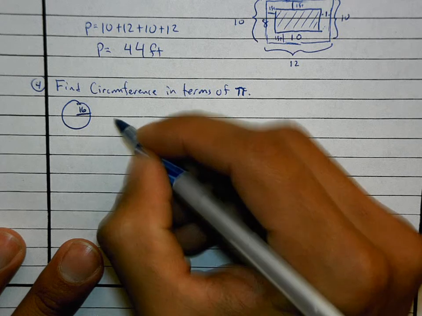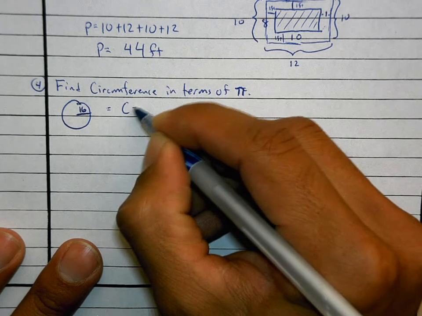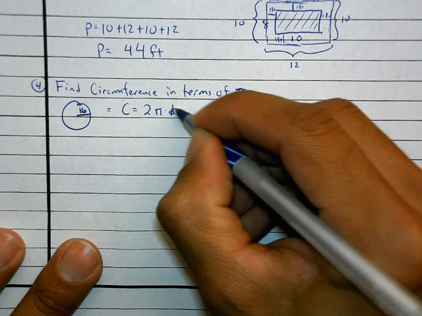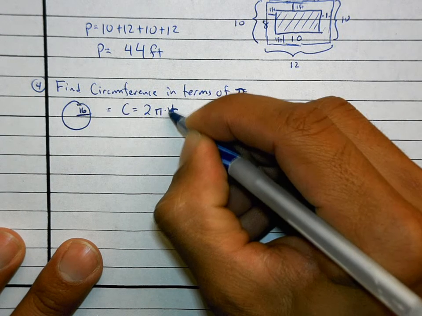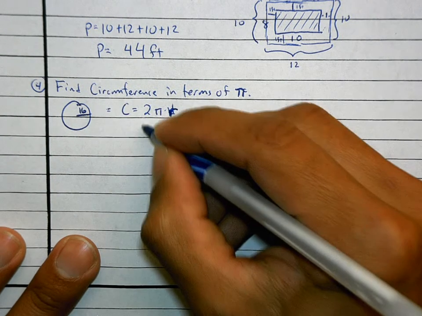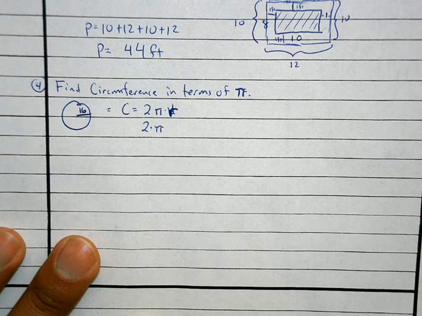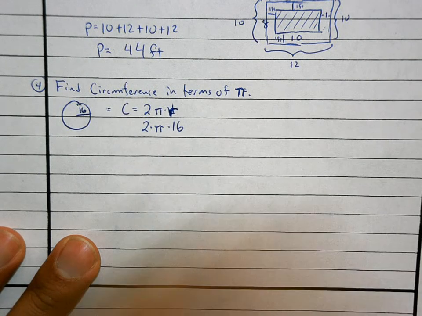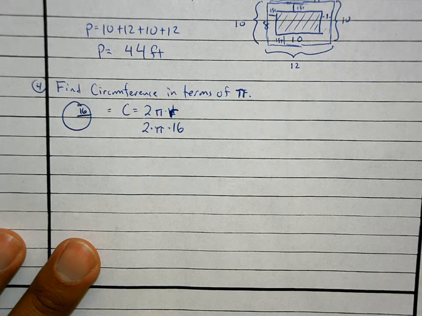So let's put circumference is equal to 2 times pi times r. 2 pi. What's the radius? I heard somebody say 16. 2 times pi times 16.